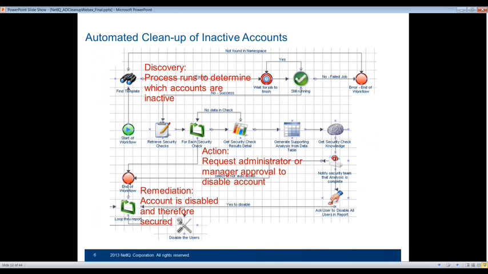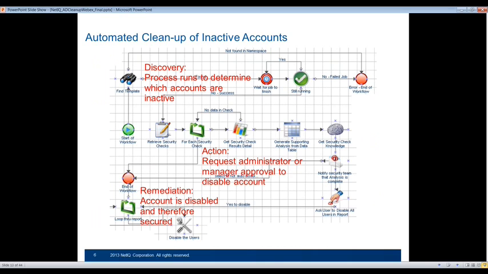Equally, if they've left the organisation, it may be that not only is their account disabled, but their access is delegated to their manager, perhaps to give access to their mailbox, and perhaps something like their physical building access is revoked as well, and even requests to get their payroll stopped, to get their hardware back, anything that's required around that user's process.